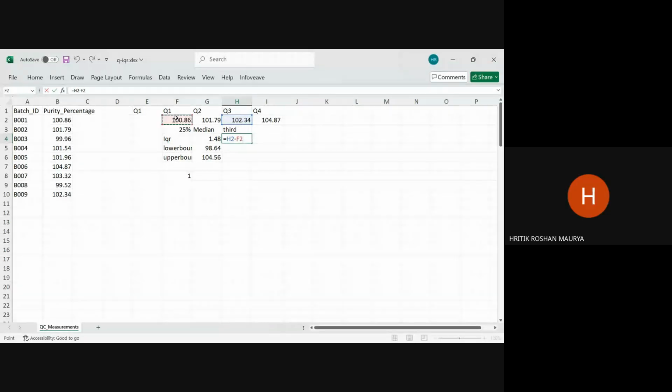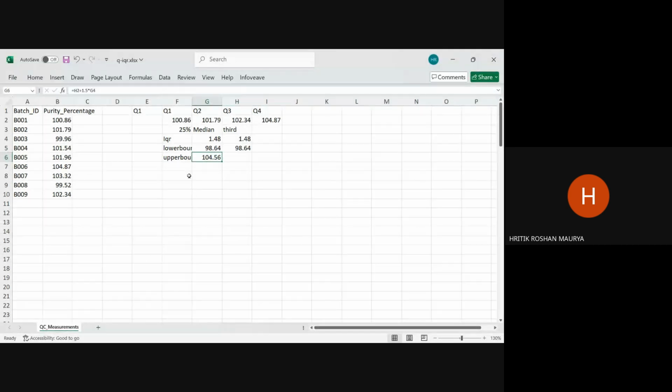Then you need to calculate the lower bound of the IQR. So you calculate the lower bound: the first quartile value minus 1.5 times the IQR range. Similarly, if you add it, you will get the upper bound.